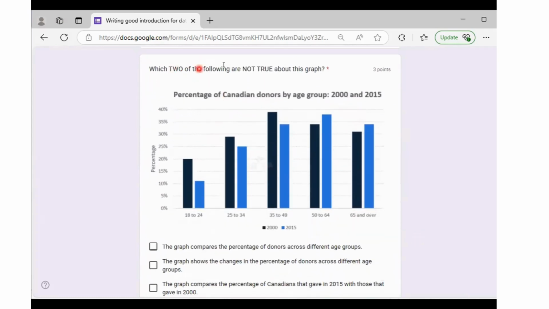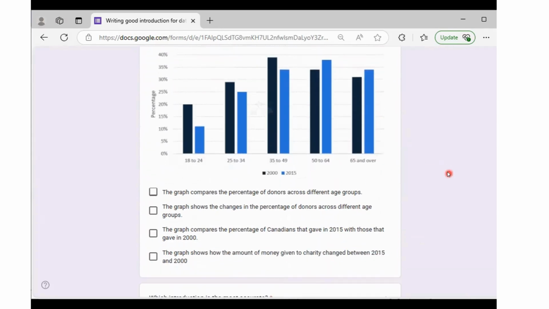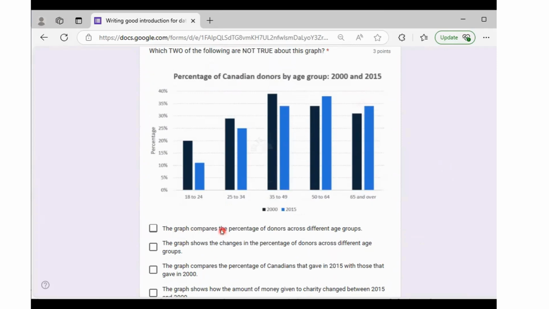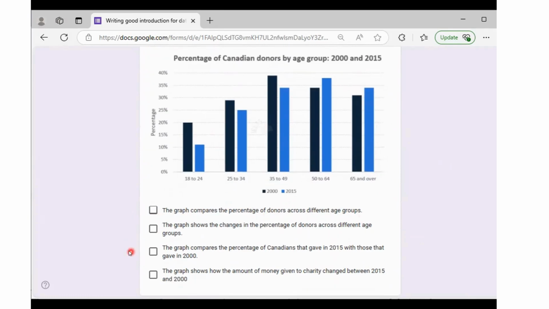Okay? Which of the following are not true about this graph? The graph compares the percentage of donors across different age groups. Yes. Percentage of donors. Yes. This one is true. We are looking for two options that are not true.